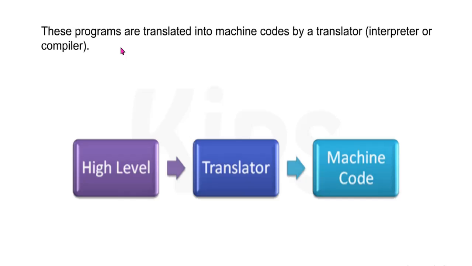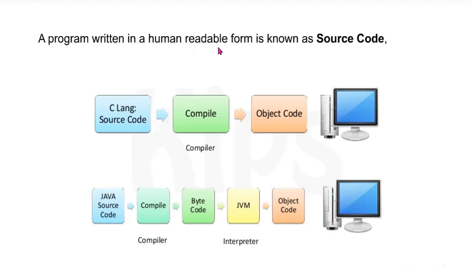6 points. A program written in a human readable form is known as source code. So here you see, one sentence is written there and some pictures are there. So this is called source code, which humans can read.